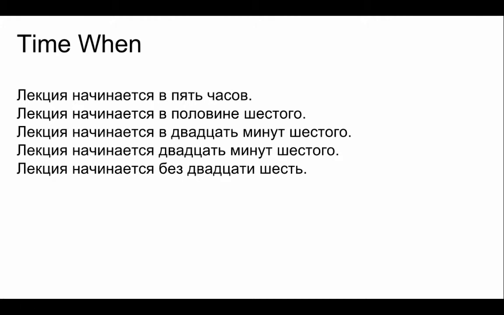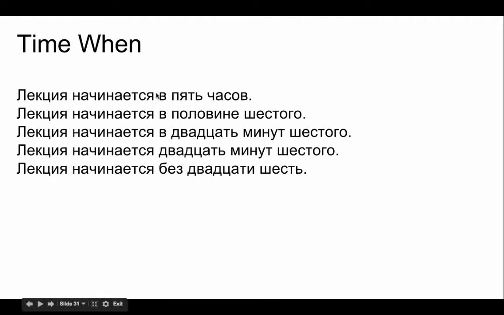You might remember part of this from learning the time on the hour before. When we want to say a time when something happens, we'll put в with it. Лекция начинается в 5 часов. And we must put this в in when we're talking about on the hour or on the half hour, like here. Лекция начинается в половине шестого. Notice половина comes into the prepositional.